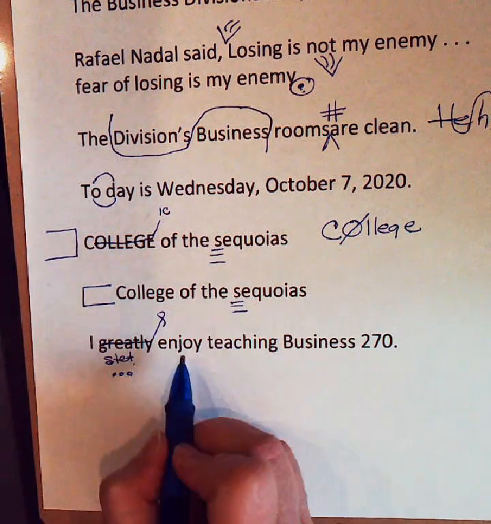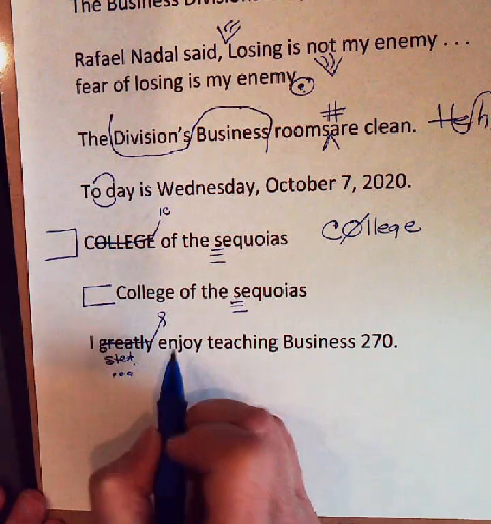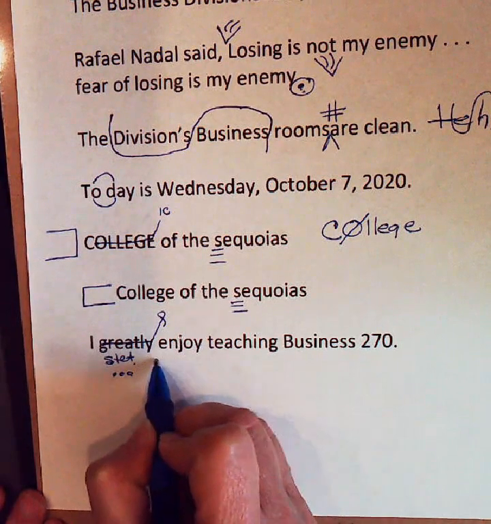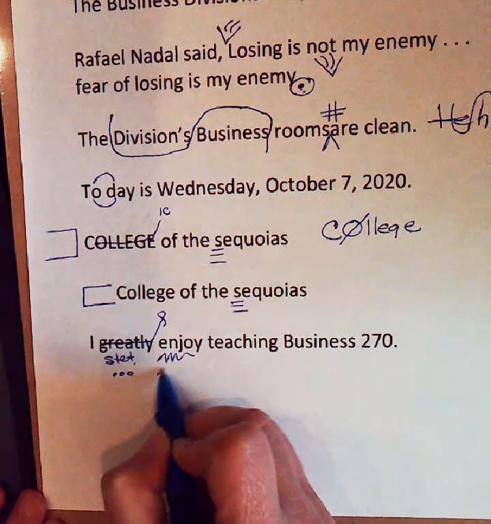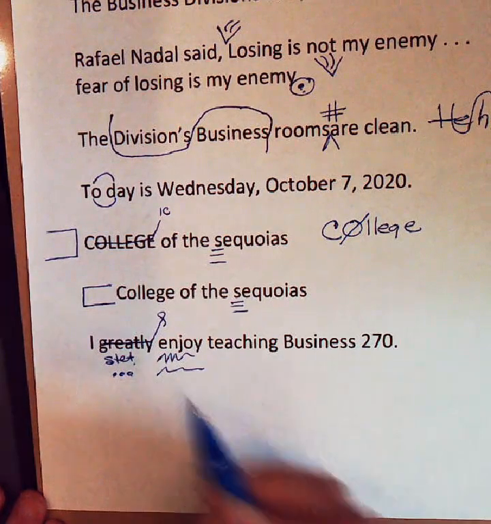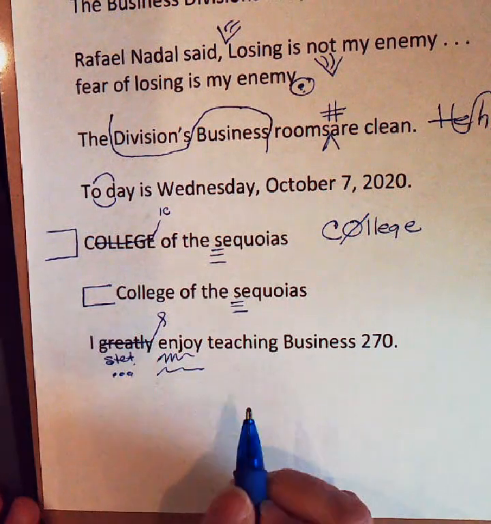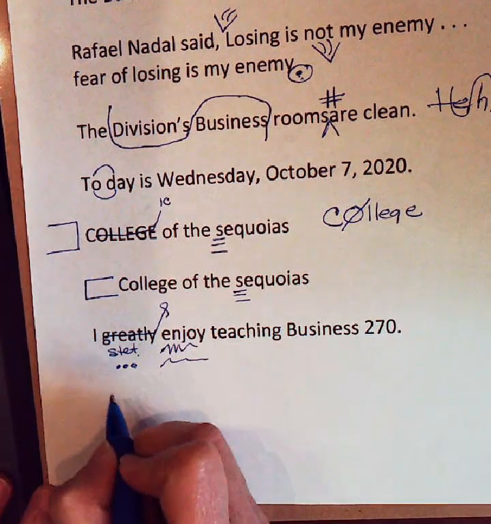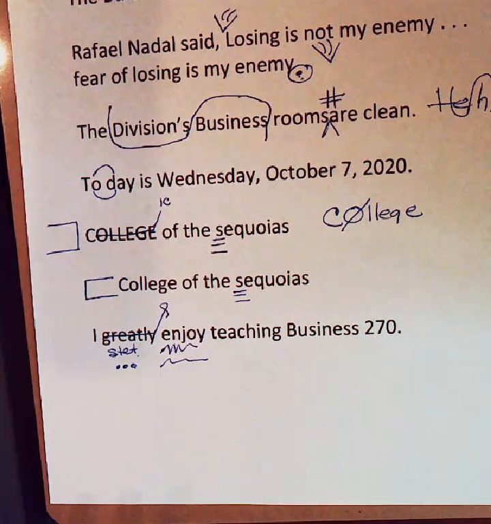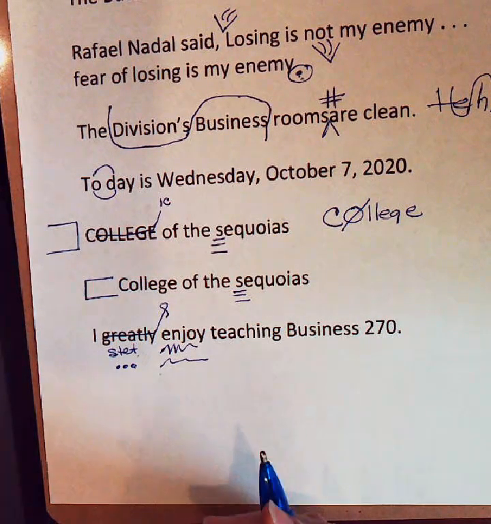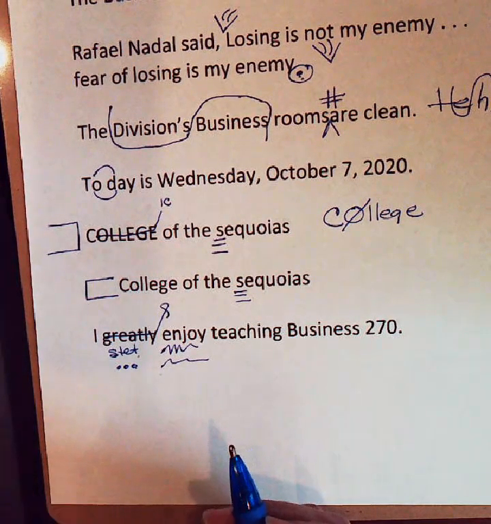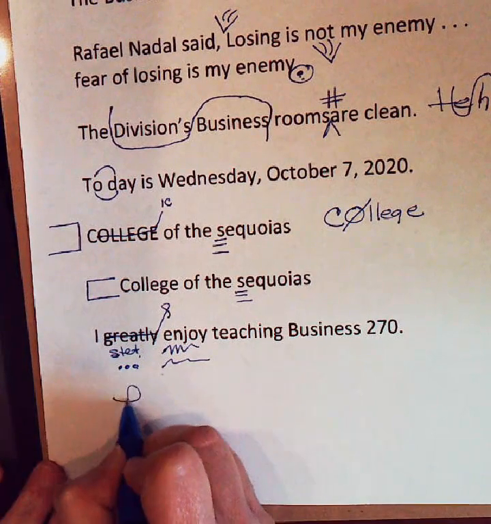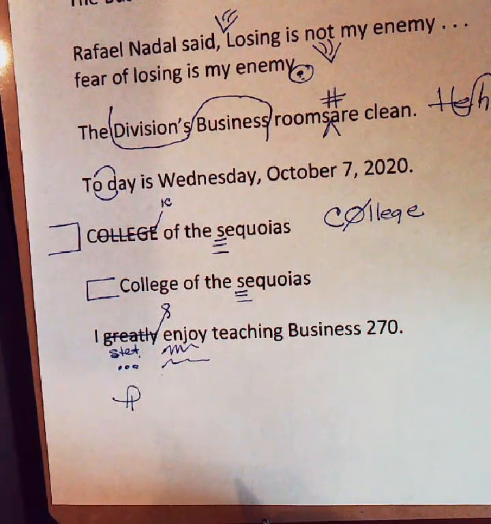And if I want to bold a word, say I want to bold enjoy, you would just put a squiggle underline. Not a straight line, but a squiggle. If I have one paragraph that should be made into 2, I would put a paragraph marker, which means make a new paragraph.